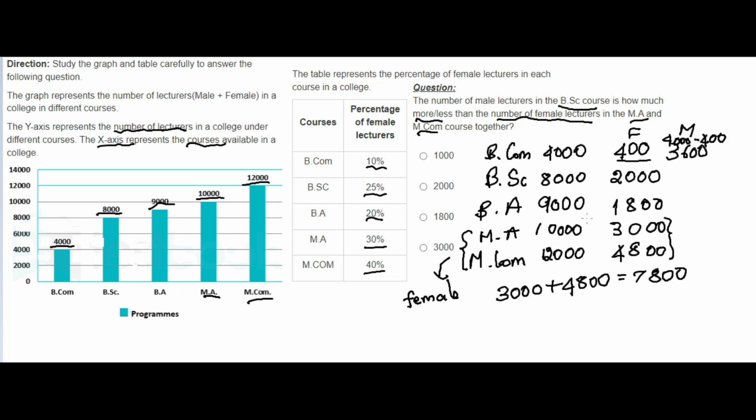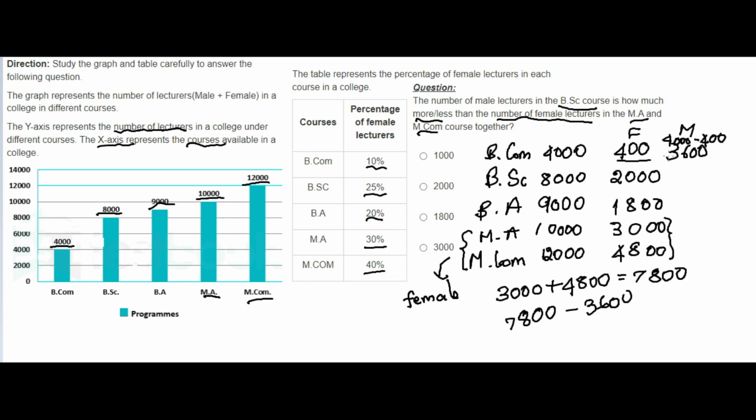That is a comment. So you take the 7,800 minus 3,600. Is it right? So the number of male lecturers in BSc is how much more or less? Only the BSc.